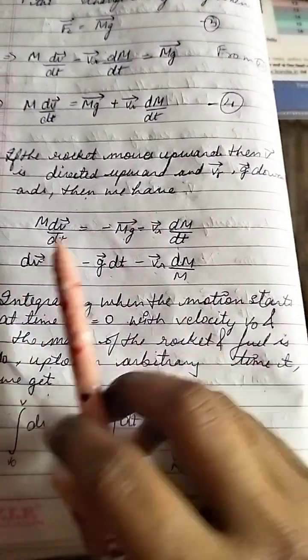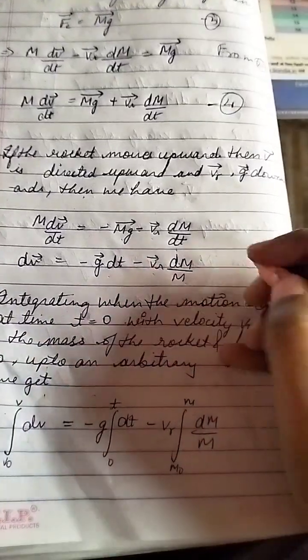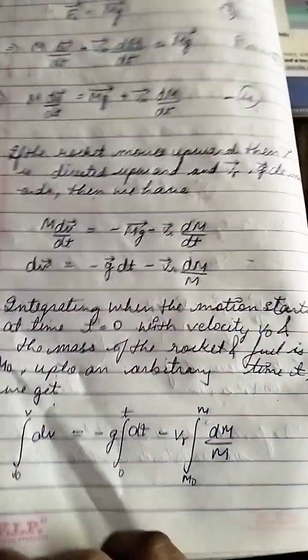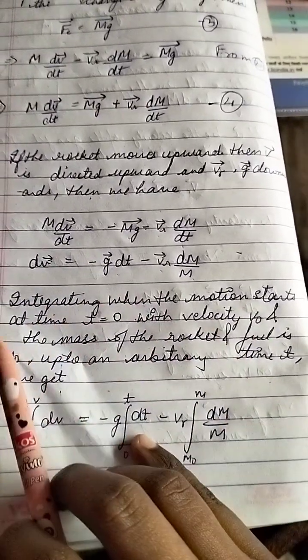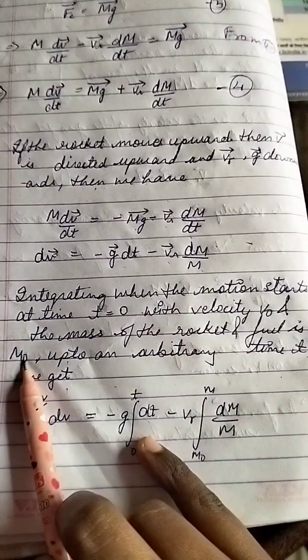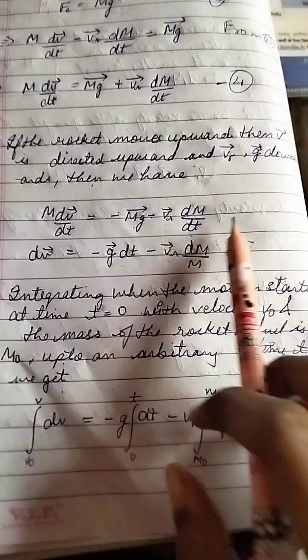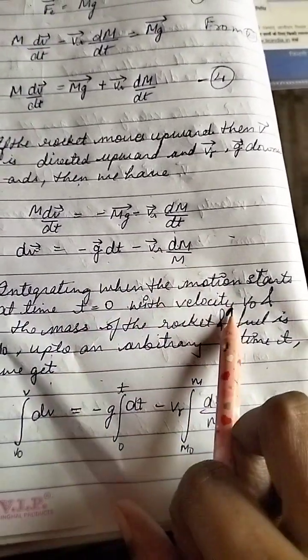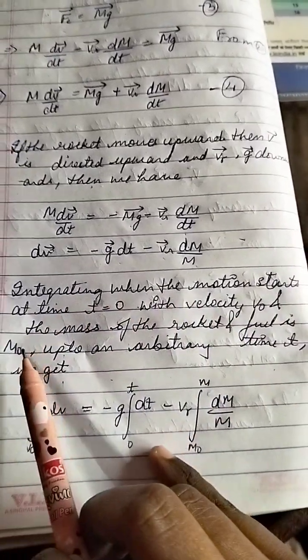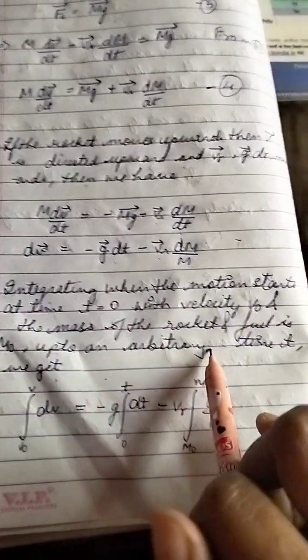Now integrating this equation, when the motion starts at time t = 0 with velocity vo and the mass of the rocket and fuel is mo, we integrate up to an arbitrary time t.